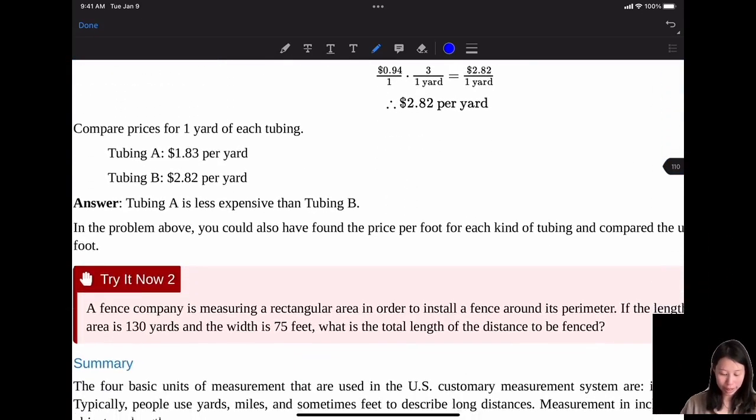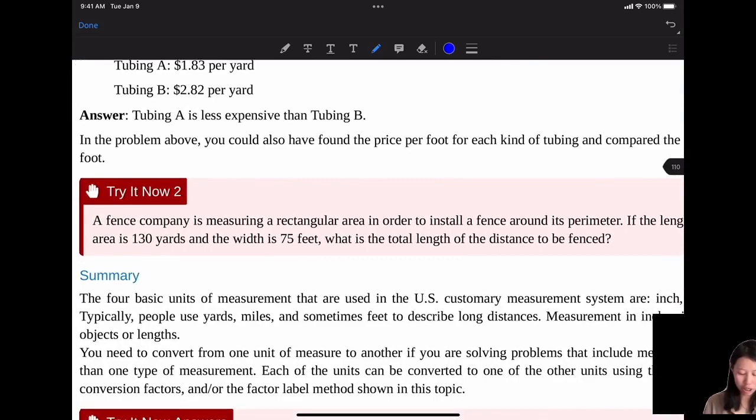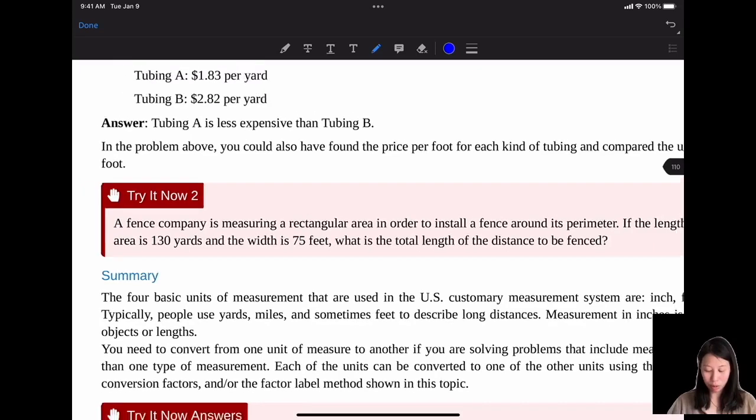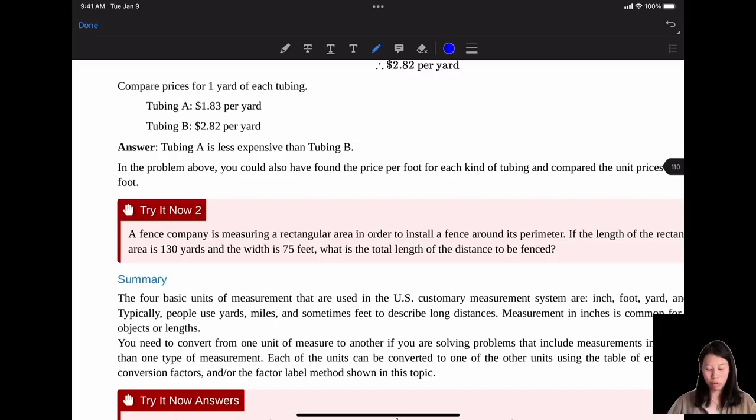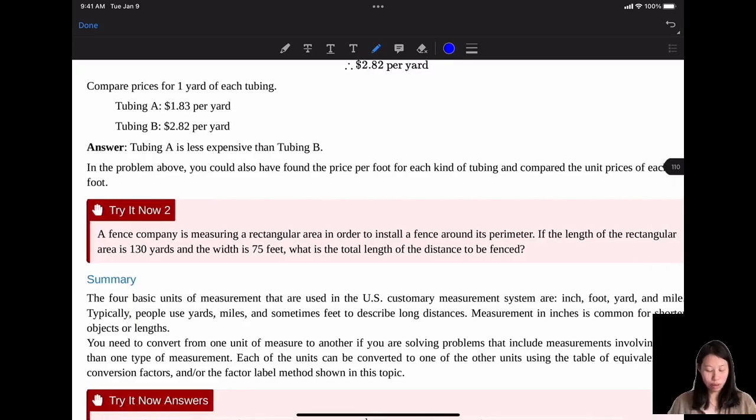Okay, next. Let's try this one. A fence company is measuring a rectangular area in order to install a fence around the perimeter. If the length of the rectangular area is 113 yards and the width is 75 feet, what is the total length of the distance to be fenced?